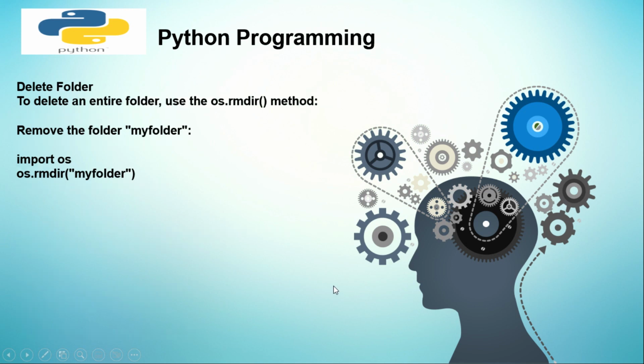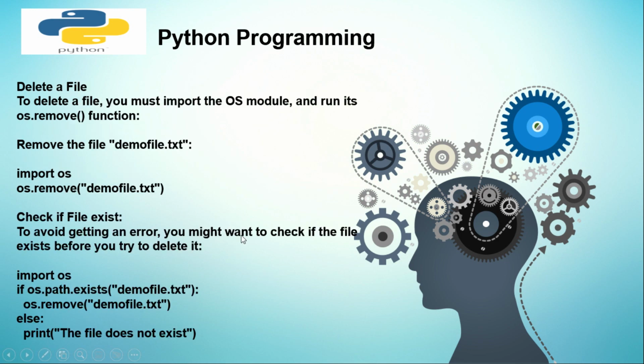Very simple. You can also delete a folder. Making a directory is mkdir in Unix, and removing a directory is rmdir. Everything has to be accompanied with os, so it is os.rmdir, open and close parentheses. This is deleting a folder, whereas the earlier one was deleting a file.